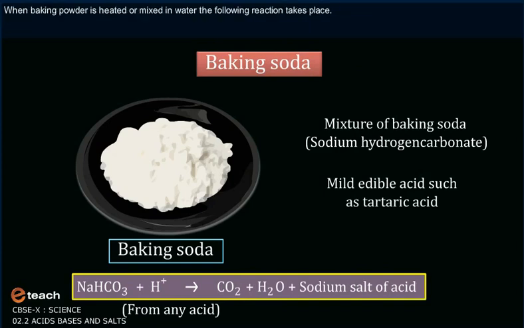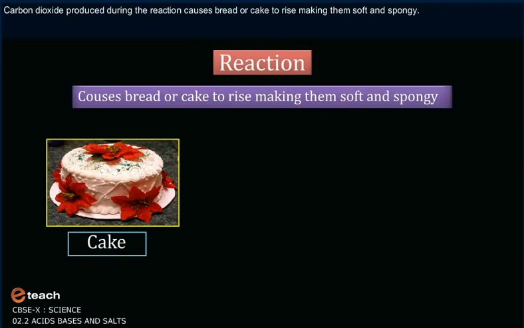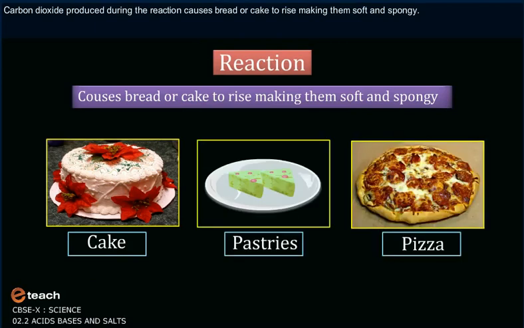When baking powder is heated or mixed in water, the following reaction takes place. Carbon dioxide produced during the reaction causes the bread or cake to rise, making them soft and spongy.